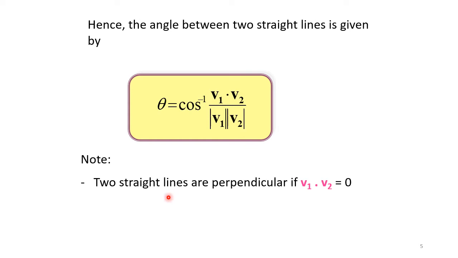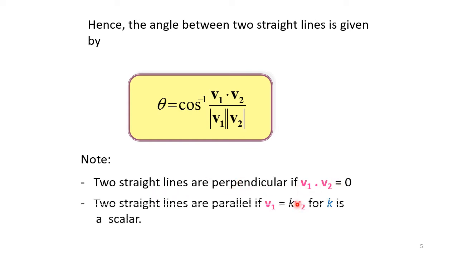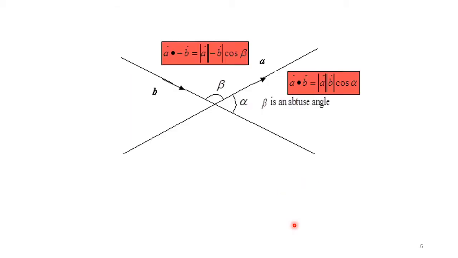And don't forget, as usual, if the two straight lines are perpendicular, the dot product will be 0. If they are parallel, we can relate V1 equals a constant times V2, alpha or lambda V2.